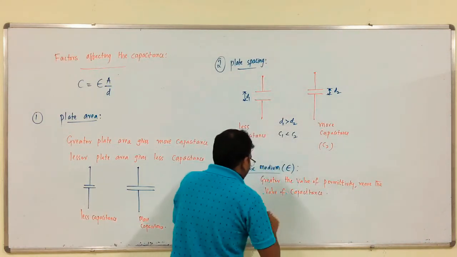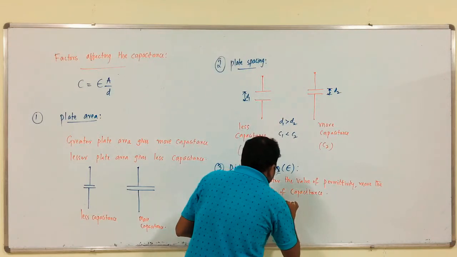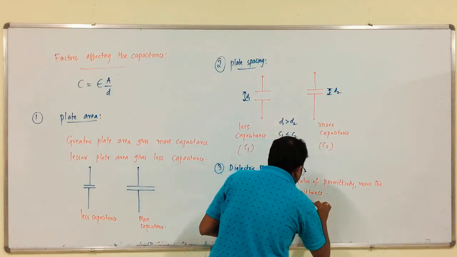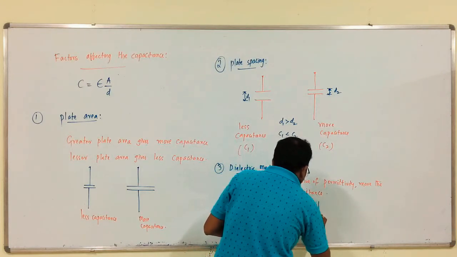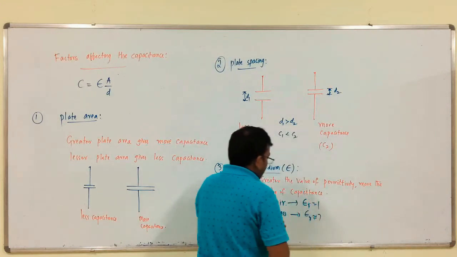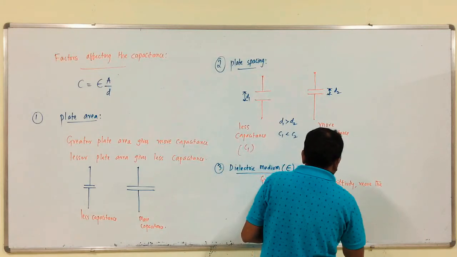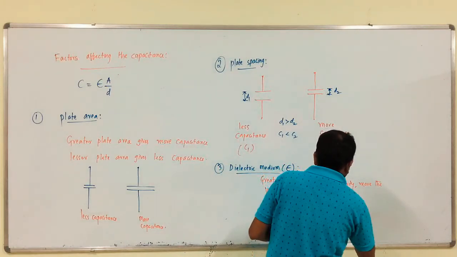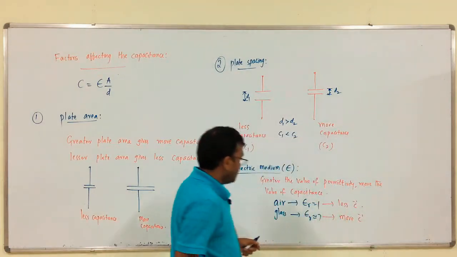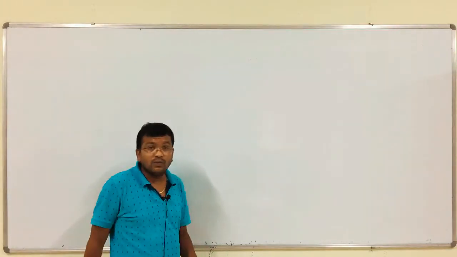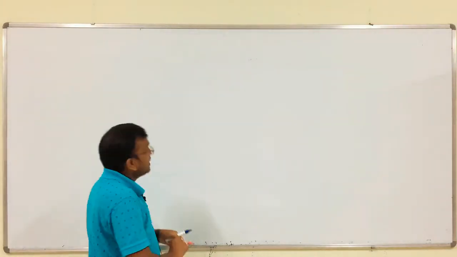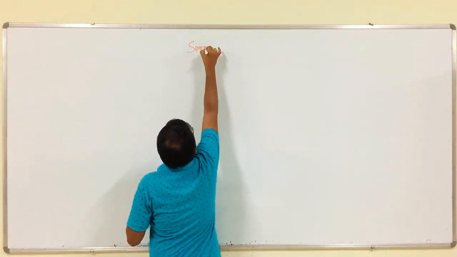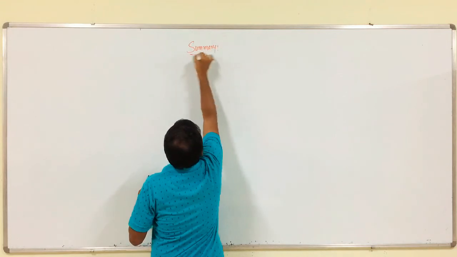If we compare air and glass, for air the relative permittivity is 1, for glass it is approximately 7. So for this, more capacitance; for this, less capacitance. Now we have to look into the summary. The summary is very, very important.